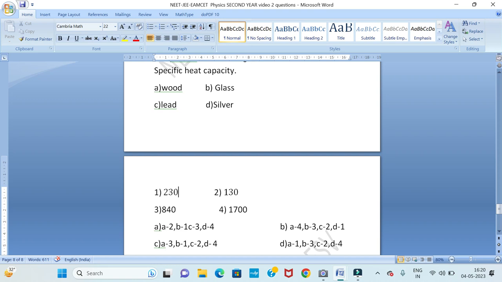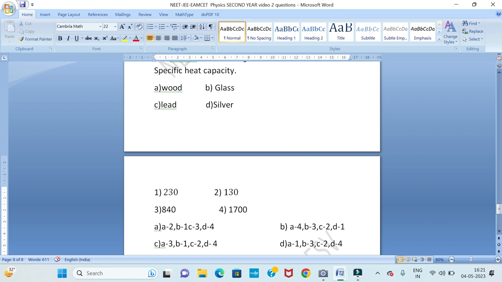Guard, O, and last I'm taking D, which means 4. Like that you can remember. Glass, guard: G is G plus 1 which is 8, O is there, D is 4.